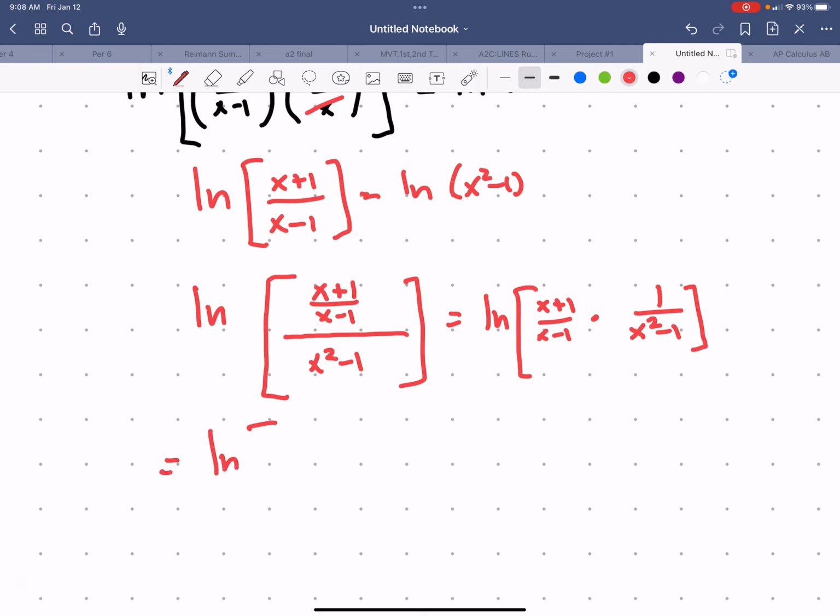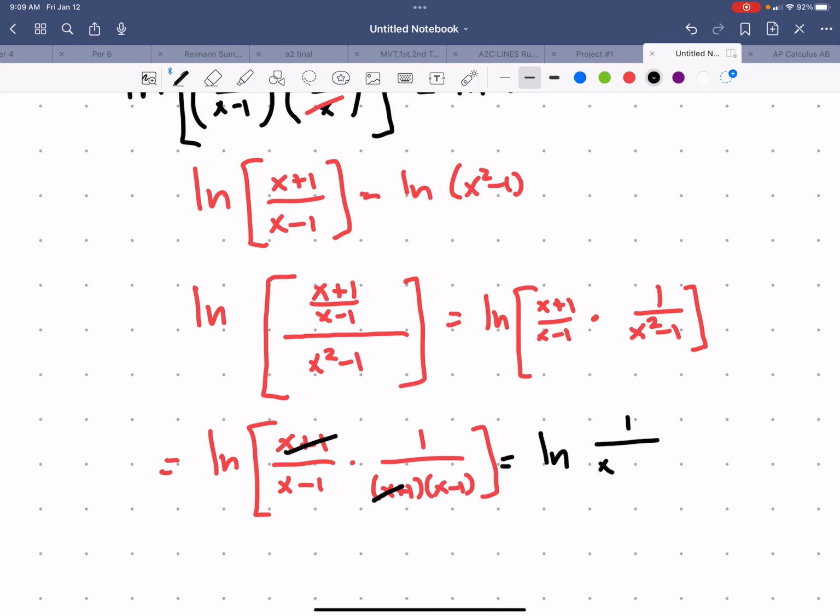So this is going to turn into ln of x plus 1 over x minus 1 times 1 over x plus 1 times x minus 1. And now that you see why I did that, you're going to notice the x plus 1s cancel out. And you're going to get ln of 1 over x minus 1. And since there's 2 of them, we're going to square it. And that should be my final answer.